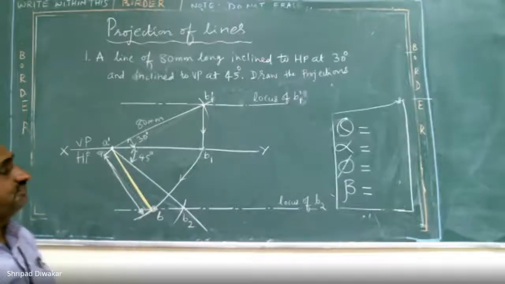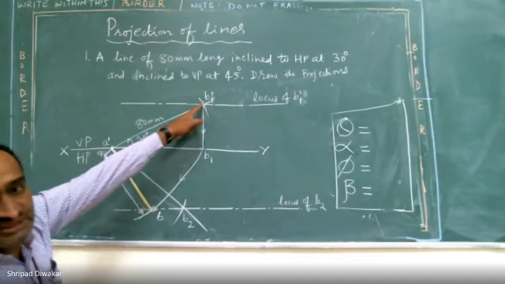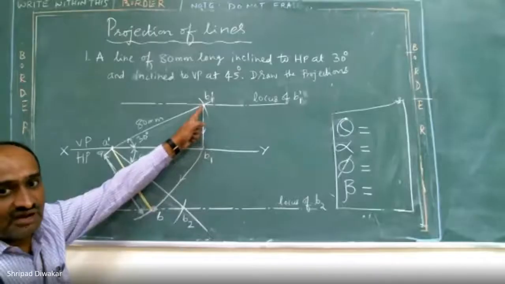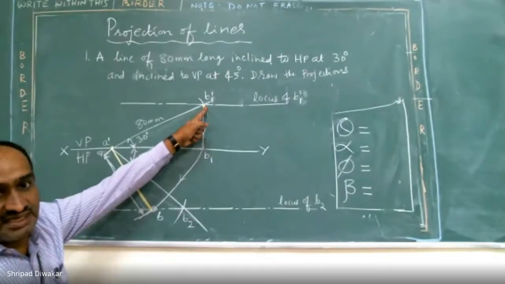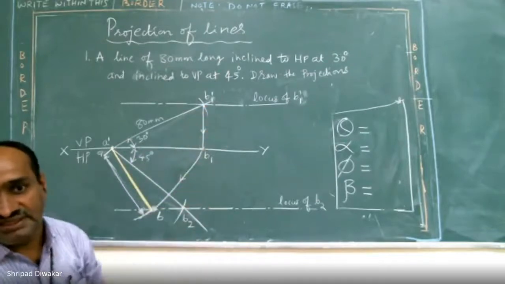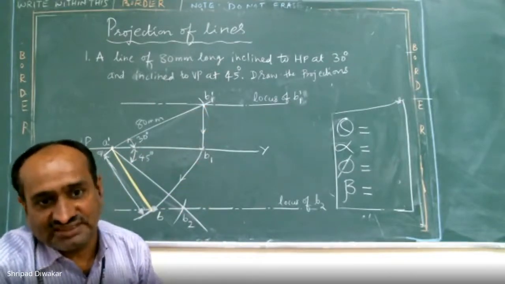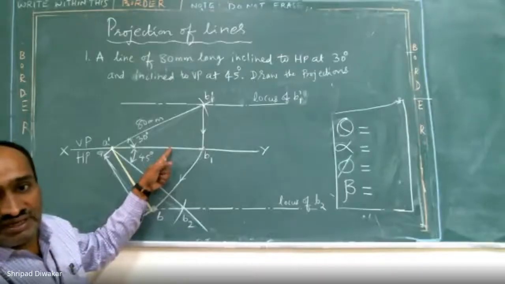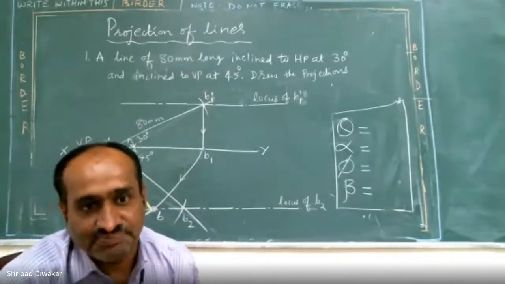Arc. Okay. Up to this point, you understood B1 dash? Yes, sir. From B1 dash, as I said, you have to extend up to the locus line, right? But here we don't have a locus line. Around I have only one common line, XY.